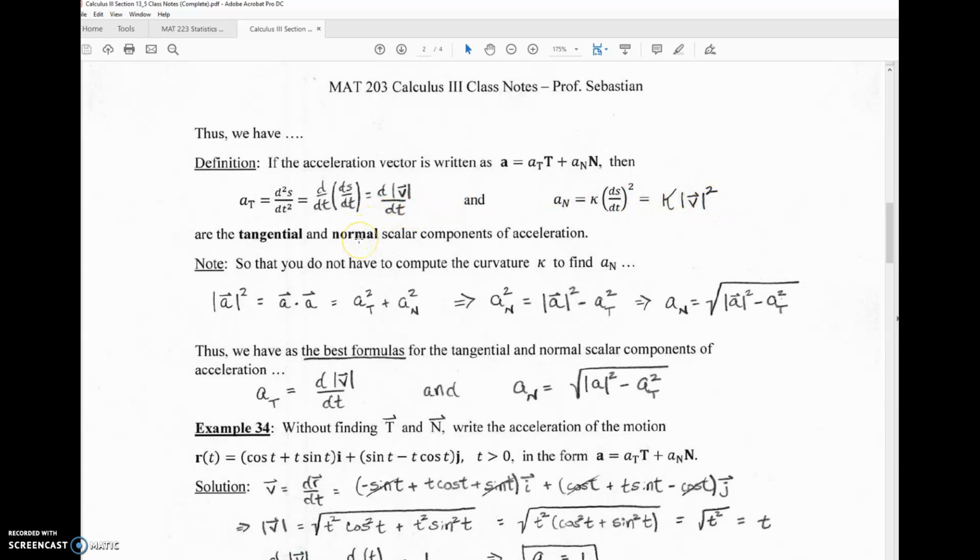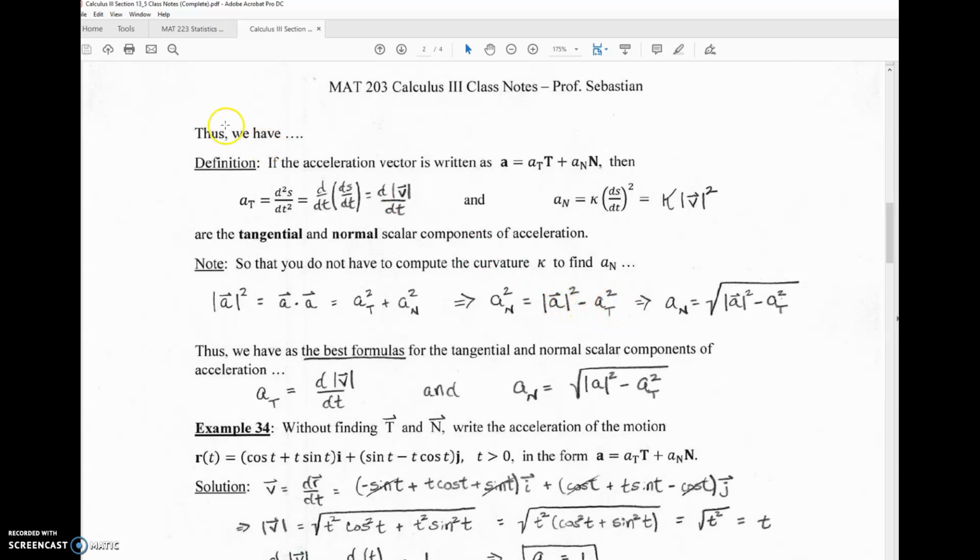So we have a relationship between a sub t and a sub n. If we can write acceleration this way, then the length of a squared, that's a dot a, is just a sub t times a sub t, or a sub t squared, plus a sub n squared. So a sub n squared is the magnitude of acceleration squared minus a sub t squared.